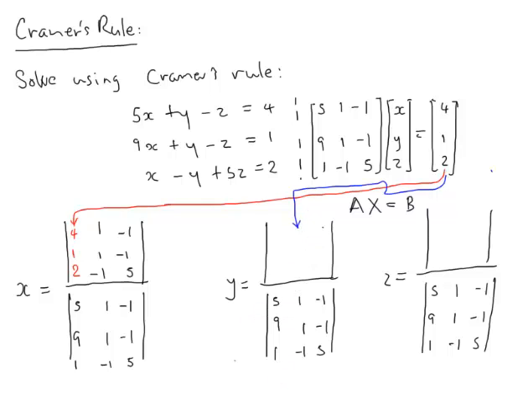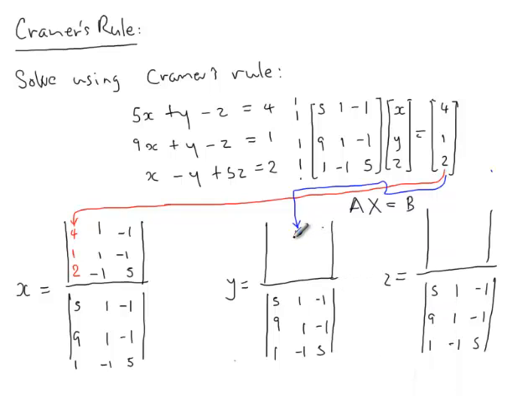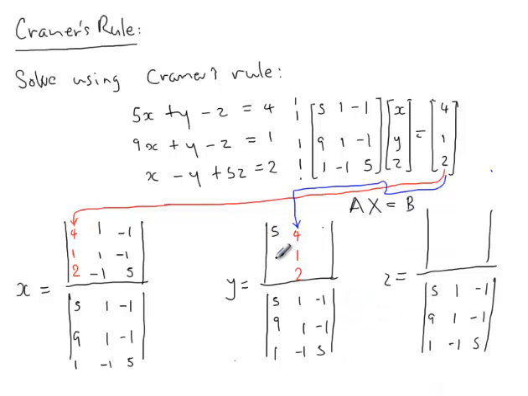Then there, let me use red again, so that the red is our column which we imported from somewhere. That's the import. The rest is the same. 5, 9, 1. And then minus 1, minus 1, 5.